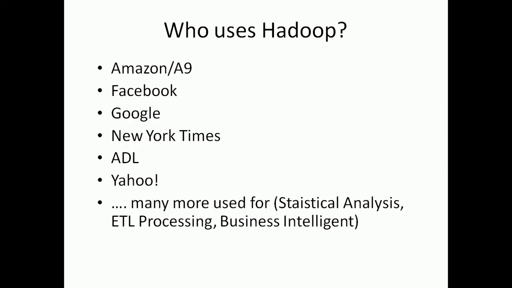Who is using Hadoop? Amazon, A9, Facebook, Google, New York Times, AOL, Yahoo, and many more. These brand companies nowadays use Hadoop. 90% of the market is captured by Hadoop right now.